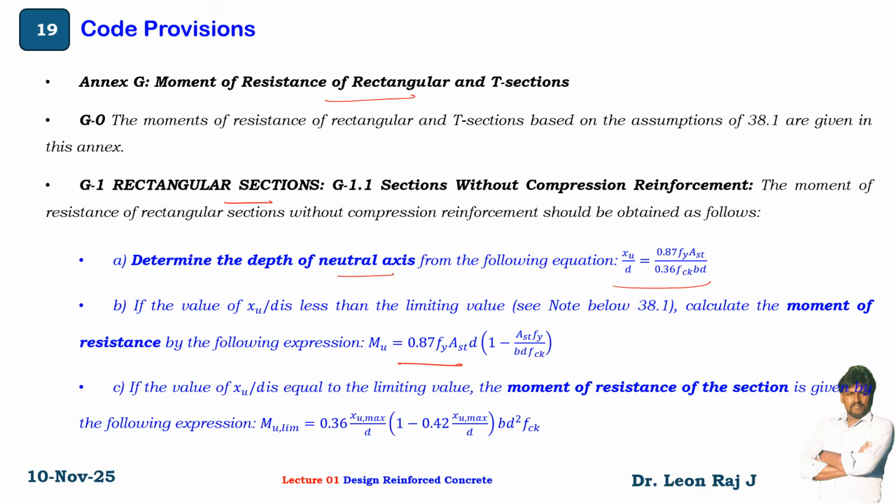In simple words, we can write 0.87 Fy AST into D minus XU. Similarly, Mu limit is arrived as 0.36 XU max by D, 1 minus 0.42 XU max by D, B D square fck. This is the limiting moment of resistance of the section.